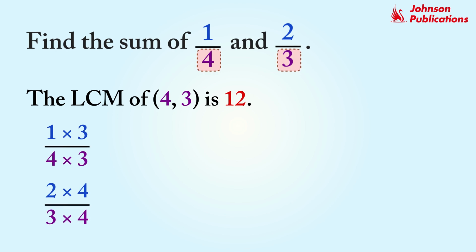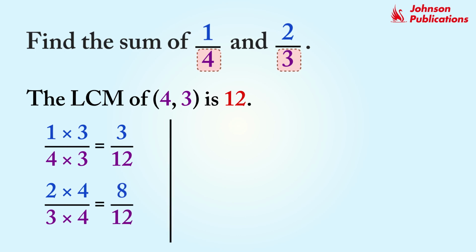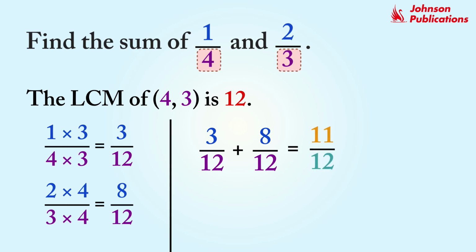Multiply the numerator and denominator of this fraction by 3 and this fraction by 4. We get 3 by 12 and 8 by 12. These are now converted into like fractions. So we can simply add the numerators to get the sum. Thus the sum is 11 by 12.